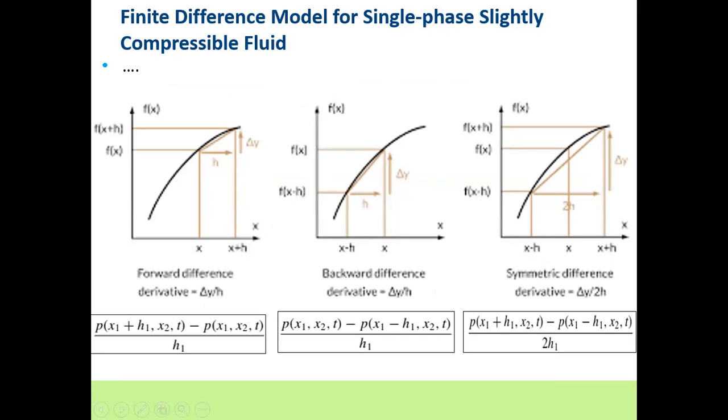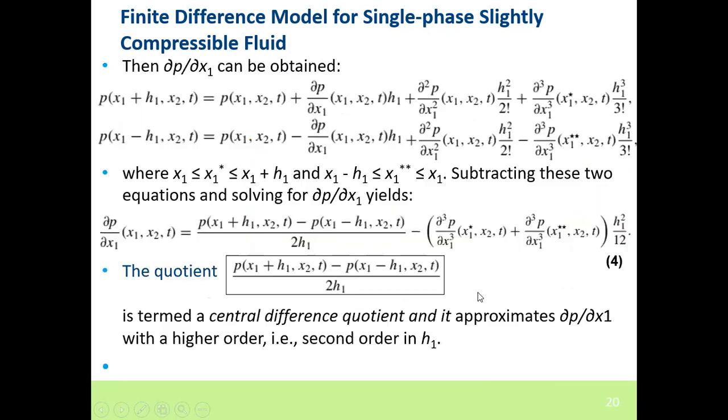Now here I've included this slide to illustrate the difference between the forward difference quotient, the backward difference quotient, and then the central difference quotient. If you look at this, you see this is x plus h, this is x minus h, and this x minus h, x plus h. And this is just to illustrate those quotients.